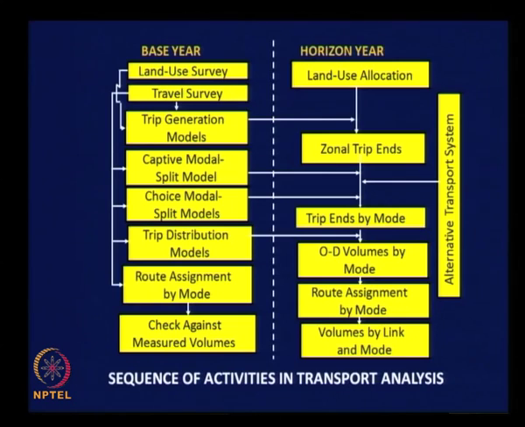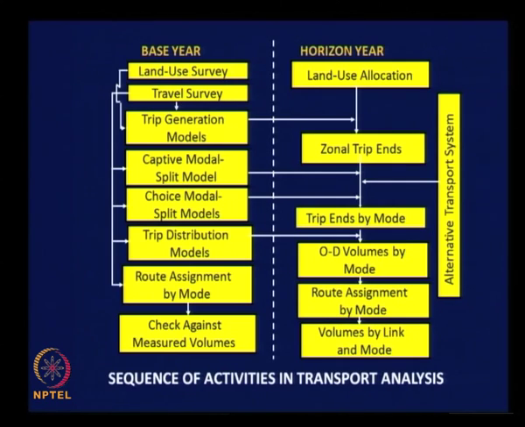In that regard, we understood that there are 4 important analytical steps followed to answer these questions, namely what would be the total demand in the horizon year, and what will be the characteristics of the system that we propose for the horizon year condition. These are trip generation analysis, captive modal split analysis, choice modal split analysis, trip distribution analysis, and then route assignment by mode.